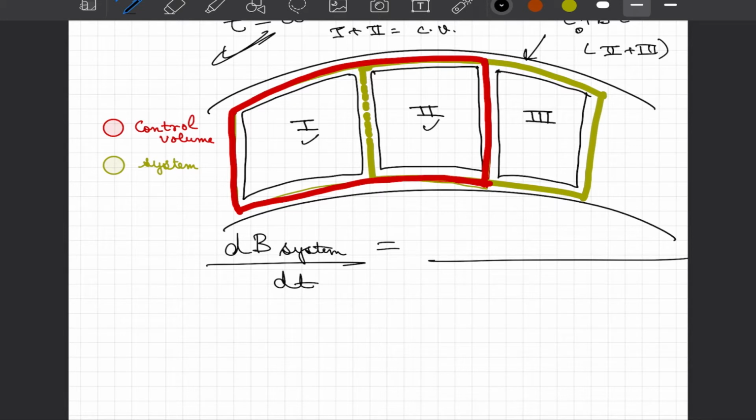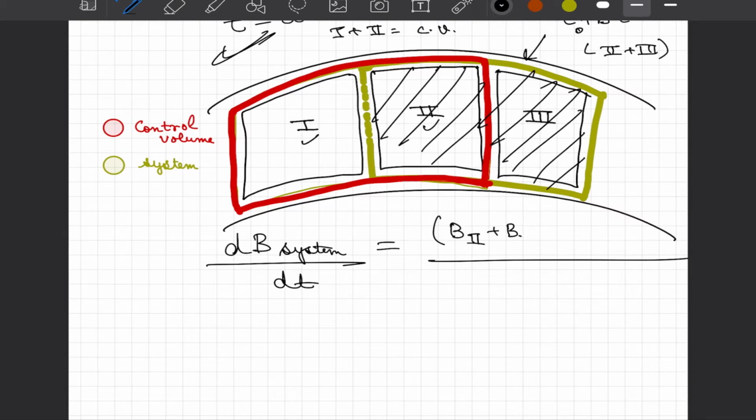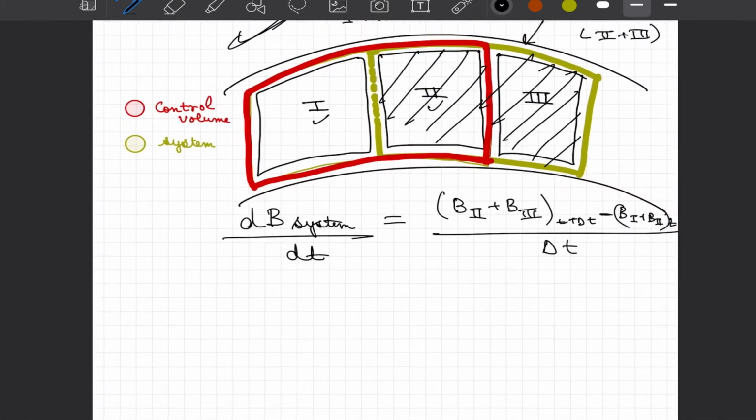So if we can study the amount of extensive property at time t plus delta t, which can be measured by looking at the extensive property contained in 2 and in 3, because this is our entire system under consideration, minus the state of the system at t equal to t naught, which is given by B1 plus B2, divided by delta t. Solving this equation should tell us how much the extensive property within the system has changed.